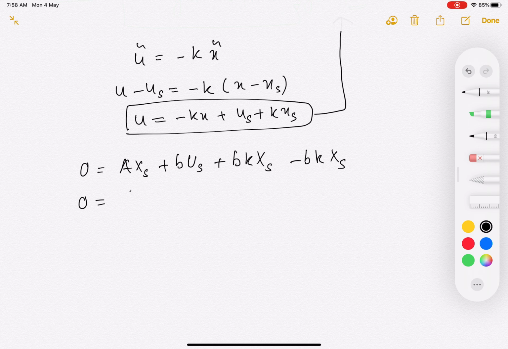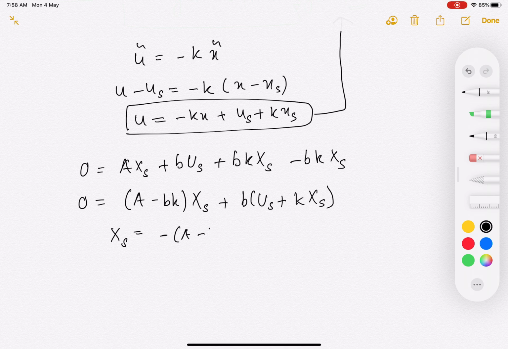So you get 0 is equal to (a minus bk)xs plus b(us plus kxs), and from here you'll get xs is equal to minus (a minus bk) inverse b (us plus kxs).